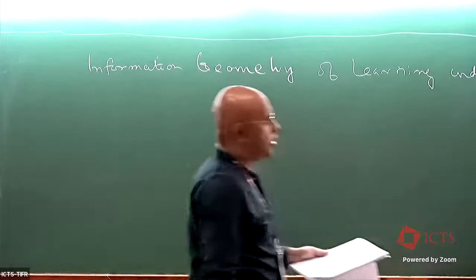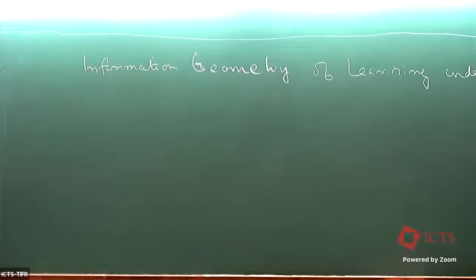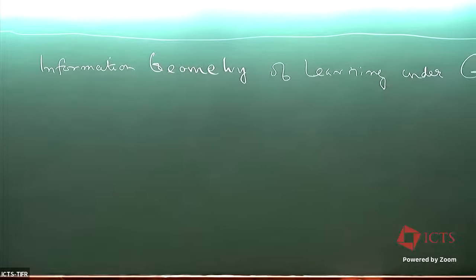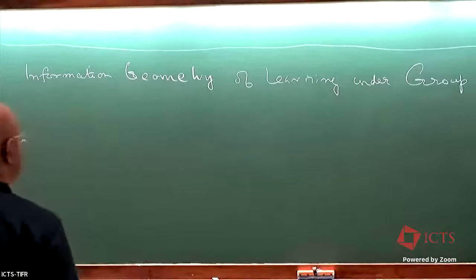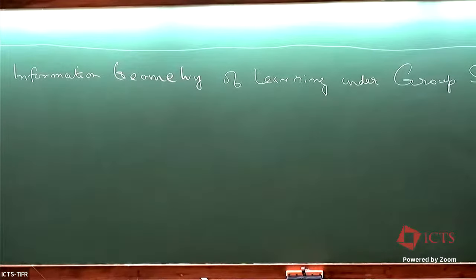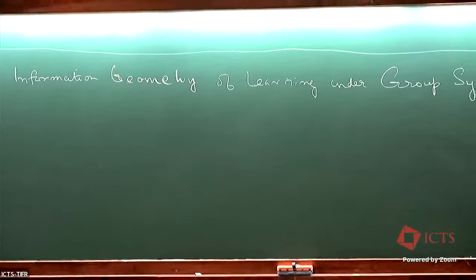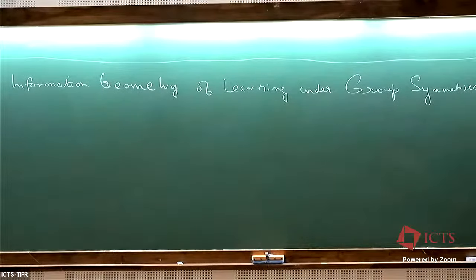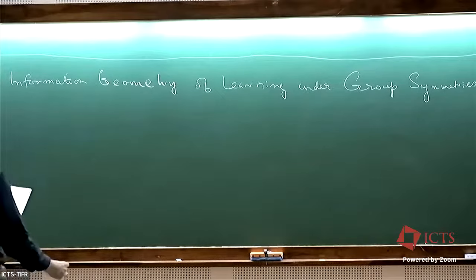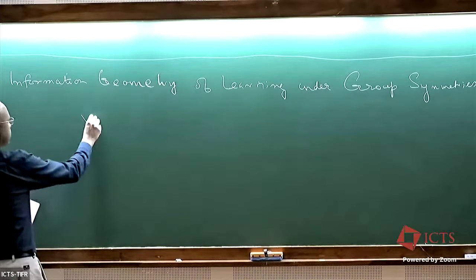Please stop me and point out if something is not legible or if something is not clear when I speak. So, information geometry of learning under group symmetries. We will come to exactly what we mean by information geometry, but let me start by reminding you of the basic model.